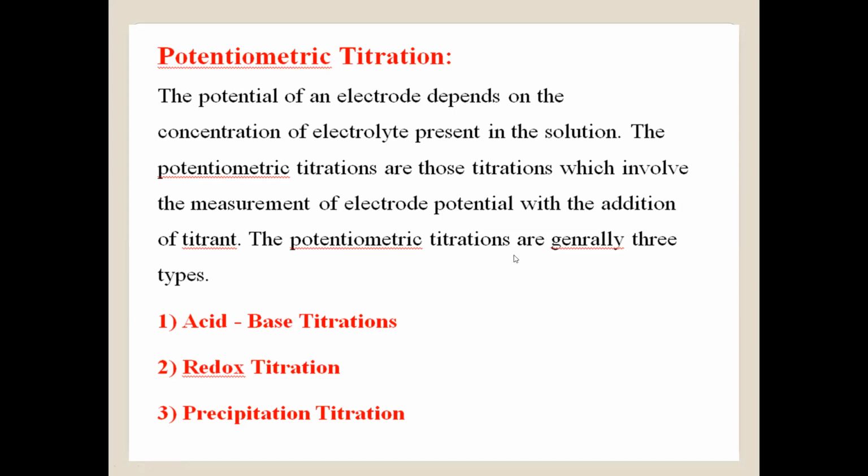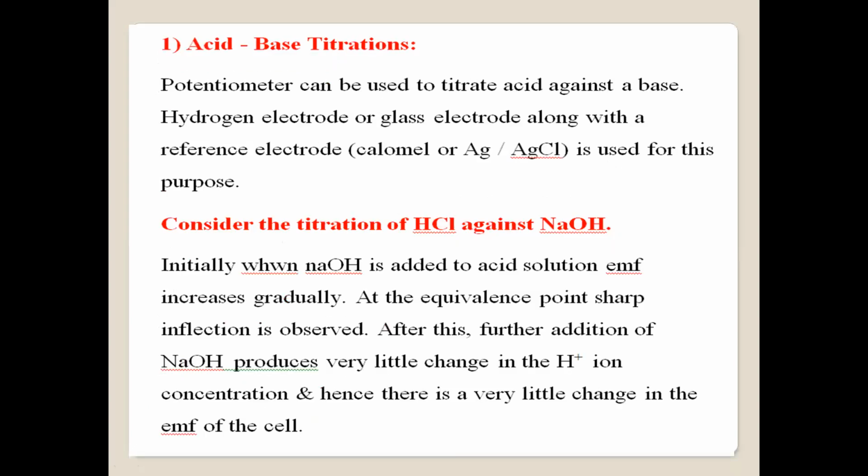Now, potentiometric titrations are generally of three types: acid-base titration, redox titration, and precipitation titration. Acid-base titration is there in your syllabus.